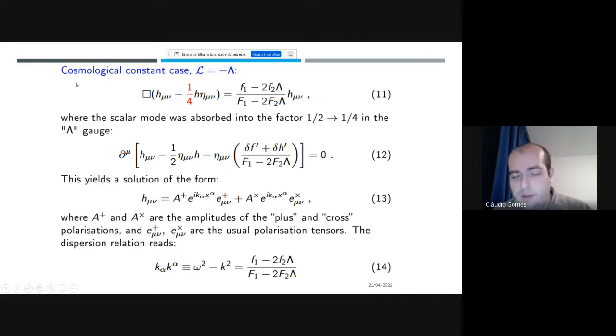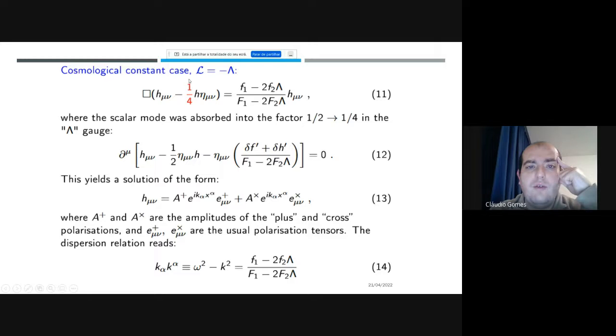Let's analyze specific cases. One of them is the cosmological constant case. Let's assume that the gravitational wave propagates across a medium that behaves roughly as a cosmological constant. The wave equation has a mass term right here, but also remember the trace reverse that we expressed in general relativity, right?